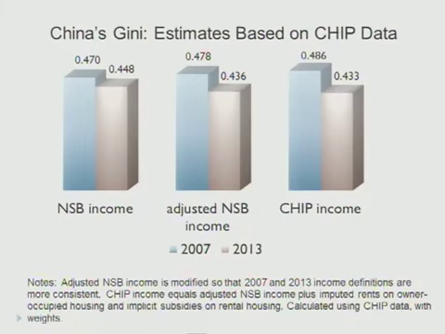We use different definitions of income. Some are the same as the NBS uses, some are different from the NBS, more in line with international standards. Using the data from our surveys also indicates that income inequality in China as a whole declined, but how large the decline is depends on what kind of income definition is used.